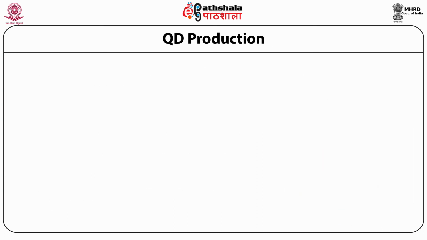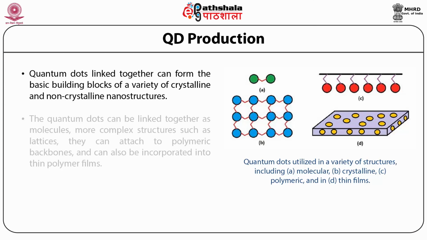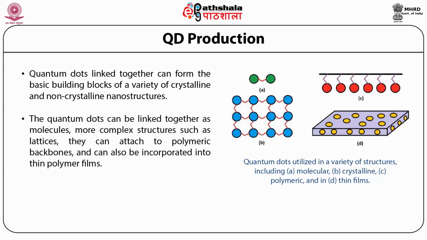Now comes quantum dot productions. Quantum dots linked together can form the basic building blocks of a variety of crystalline and non-crystalline nanostructures. The quantum dots can be linked together as molecules to form more complex structures like lattices, polymer backbones, and can be incorporated into thin polymer films, which are represented in the figures shown on the right hand side.